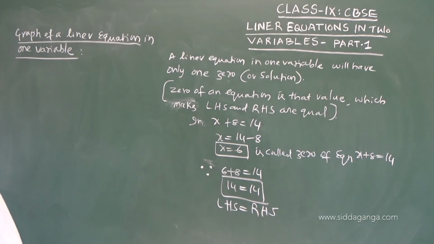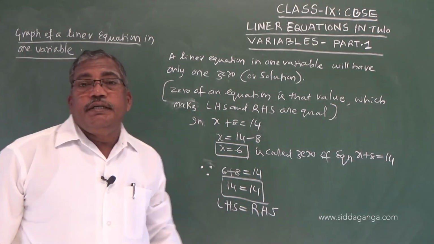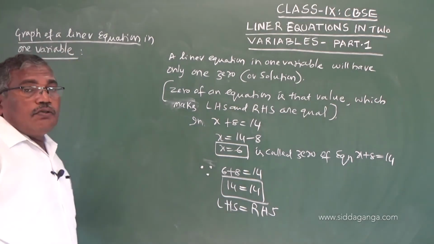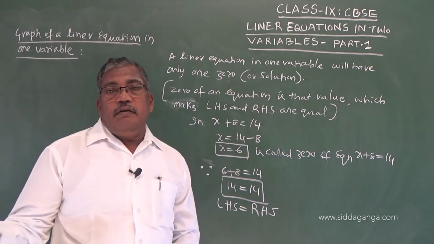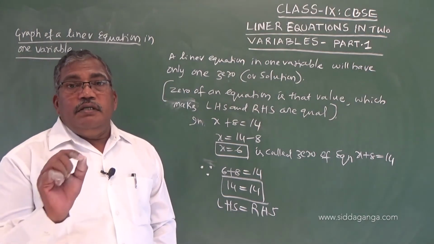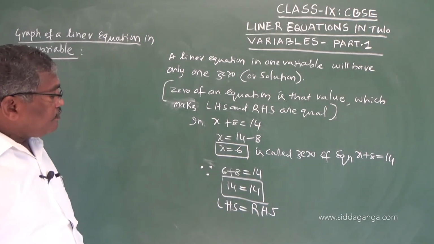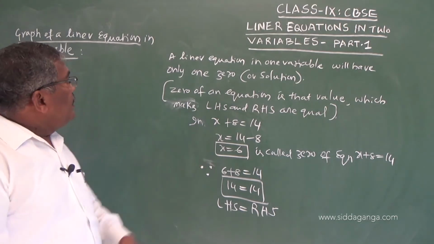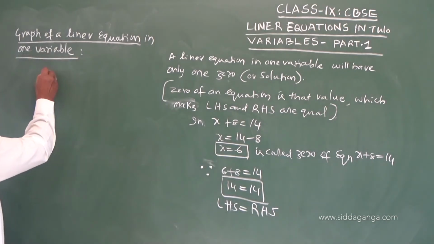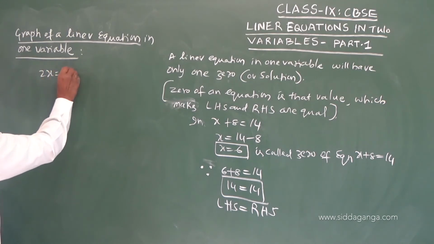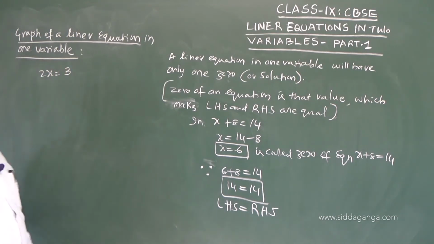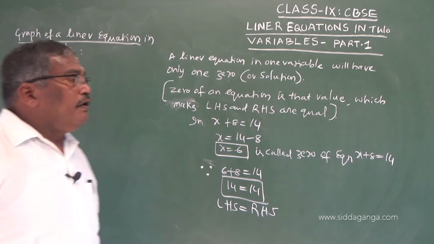See, you have understood what a number line is. On a number line we can represent any real number. Suppose I say an equation, let us say 2x is equal to 3, which is an equation in one variable.